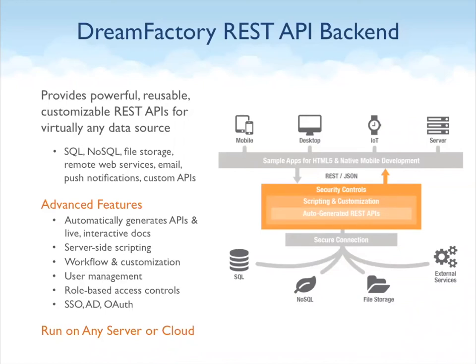And then on the device side, it's good for mobile, desktop, Internet of Things, server to server. That's the beautiful thing about RESTful services, is that there's so many different ways to use them. And we do supply sample apps for all of these major developer frameworks. And so if you look there in that orange box, that's really what the Dream Factory platform does. You just hook up a data source, it automatically generates an API for it.